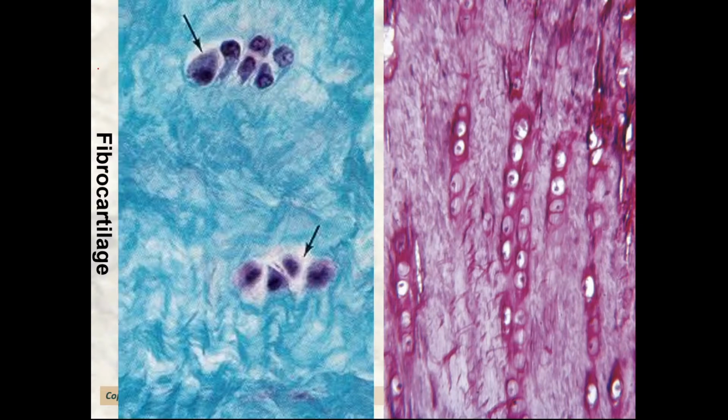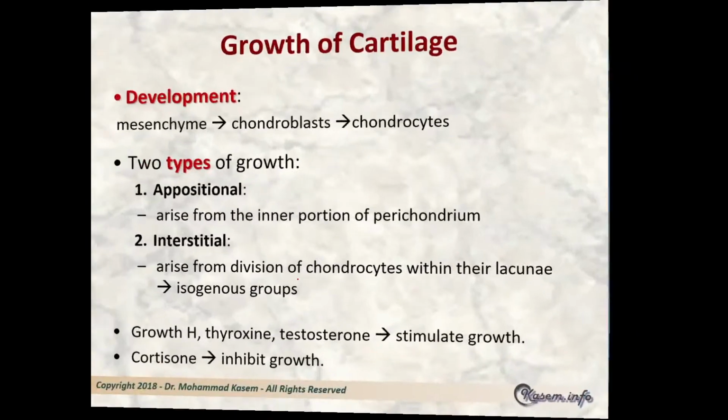Another slide with another stain here. The collagen takes the majority of the matrix, consisting of collagen fibers, collagen type 1, and a few chondrocytes in between. I think we've finished our talk today.